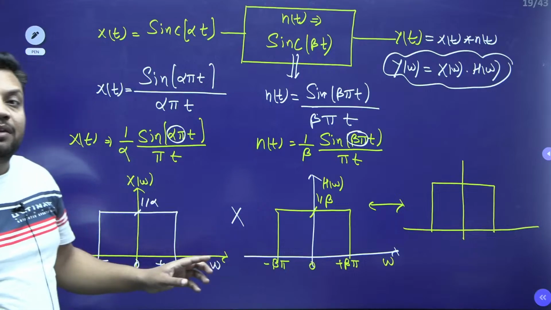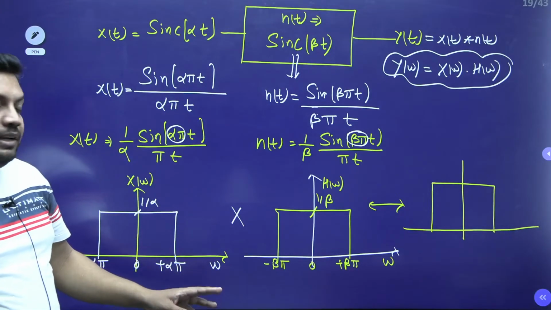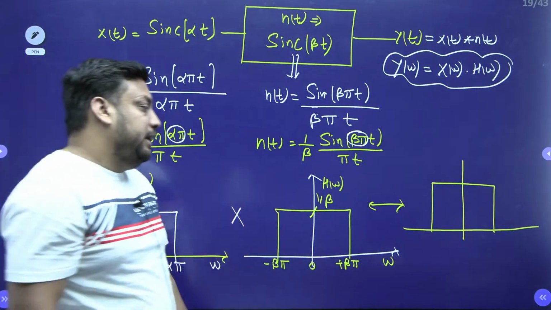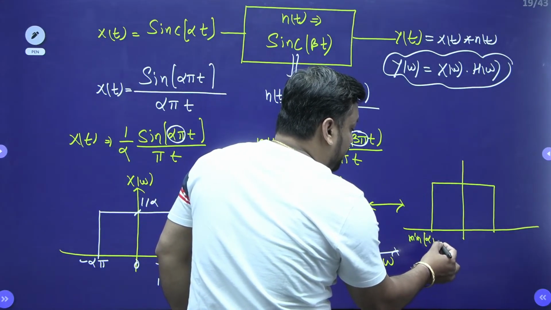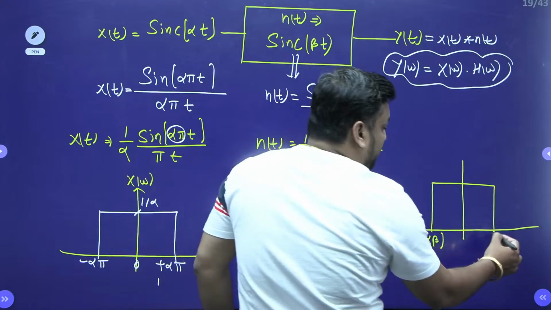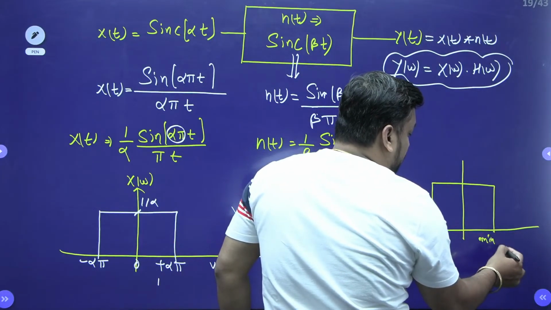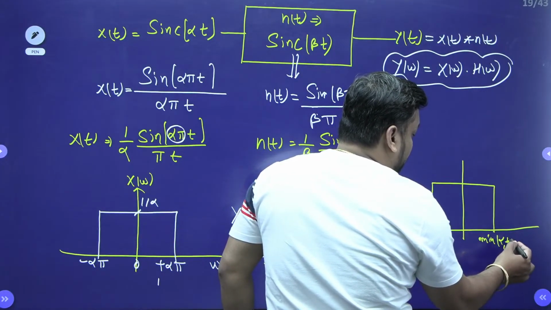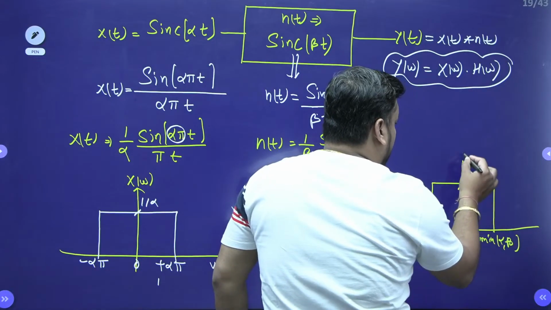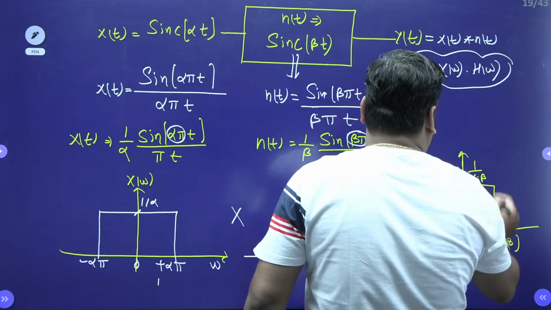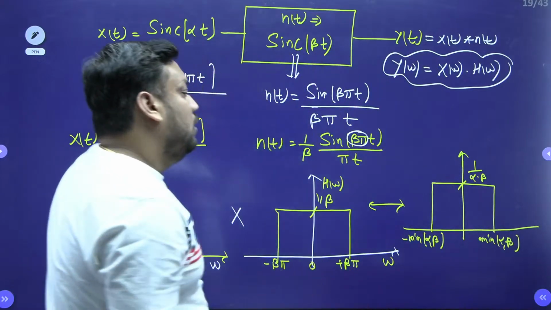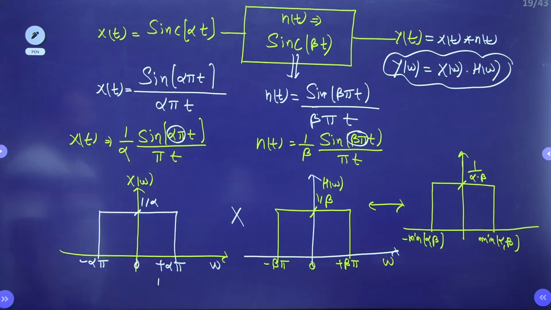It means whichever is minimum of alpha and beta will come. So I should write here minimum of alpha, beta with minus sign, and minimum of alpha and beta with positive sign. The magnitude is multiplied, so 1 upon alpha into 1 upon beta. Now suppose, students, I take this term as gamma.